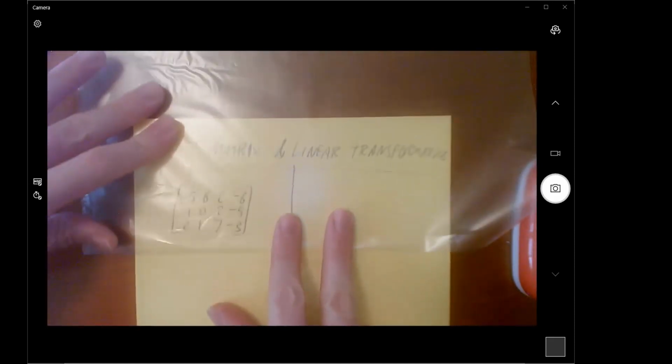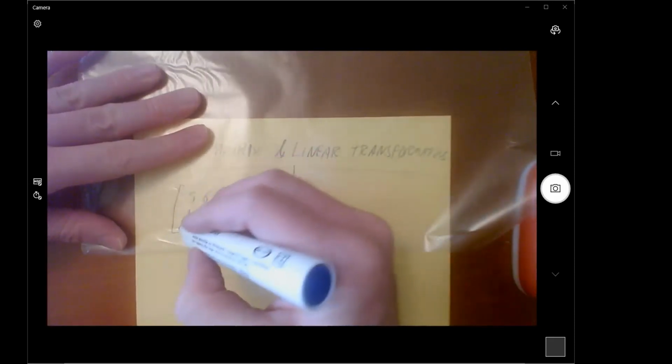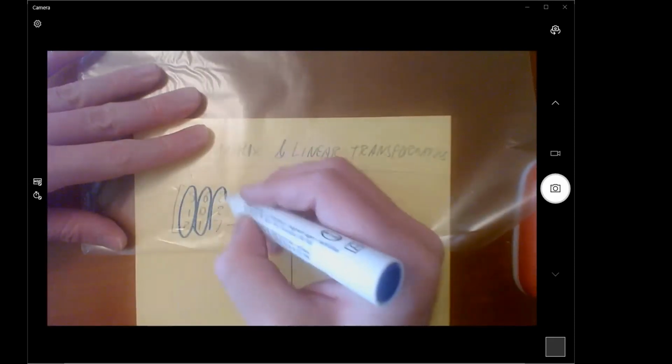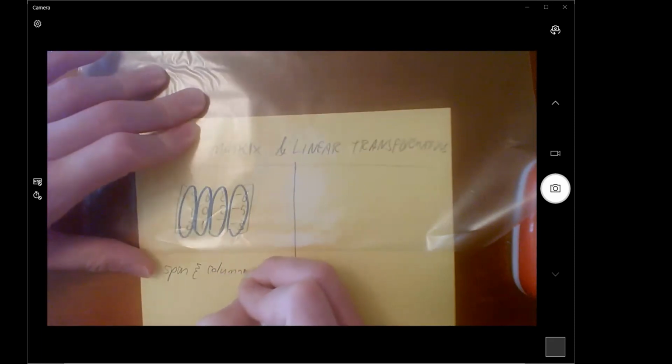This matrix, I can imagine it as being made of columns. And I can think about what stuff I can do to columns. Columns are vectors, and what vectors can do is that they can span stuff. And so I can say the span of the columns. And that's called the column space.